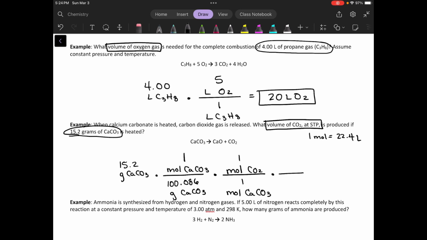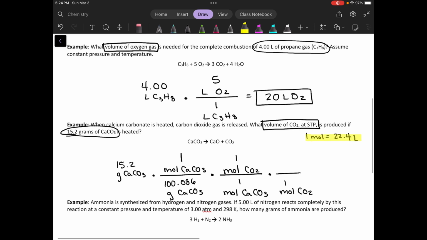And then our last, in our new part here, is using this. So I have 1 mole of carbon dioxide, so I know that that is equal to 22.4 liters of carbon dioxide. Okay, all of that gets thrown into the calculator, and it comes out as 3.40 liters of carbon dioxide.